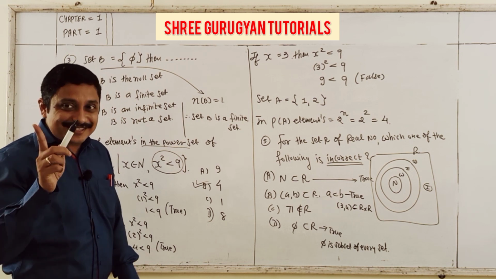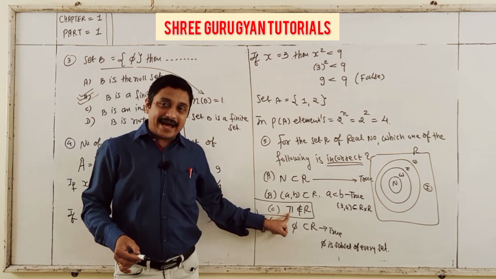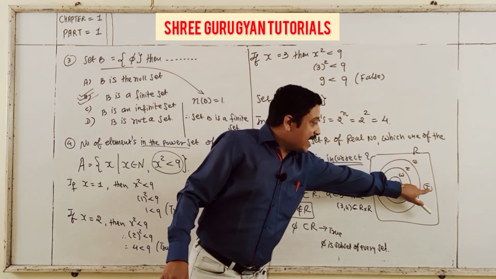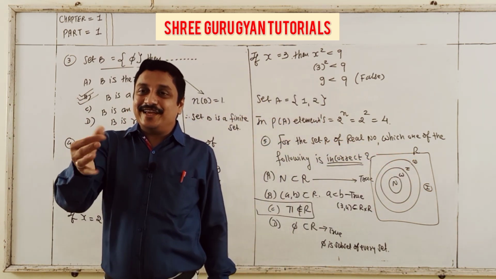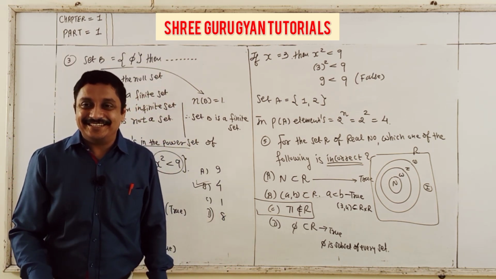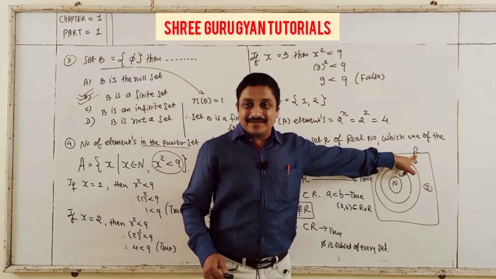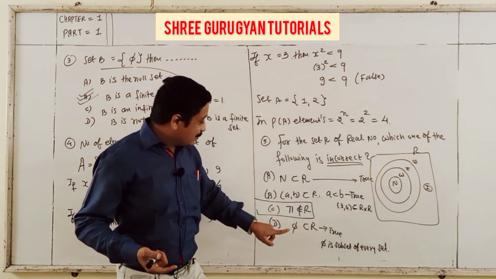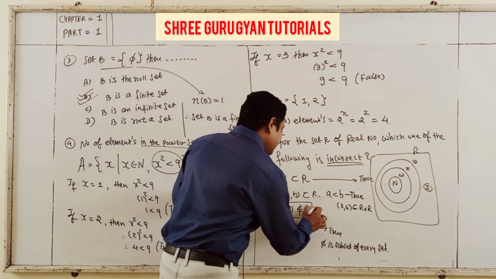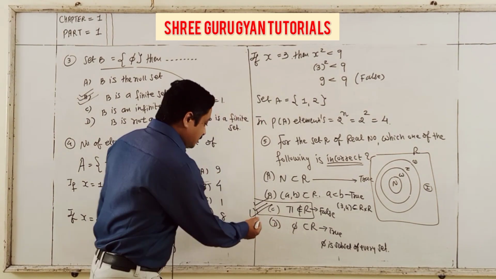It means the false statement is this one. Why? Does anybody know whether pi is going to the Q part or the I part? I mean rational or irrational? Irrational. It means it is one of the parts of R, no? Pi is a part of R, and here it mentions not belongs to R. It means this statement is false, and that's why I will tick this option and mention the reason.